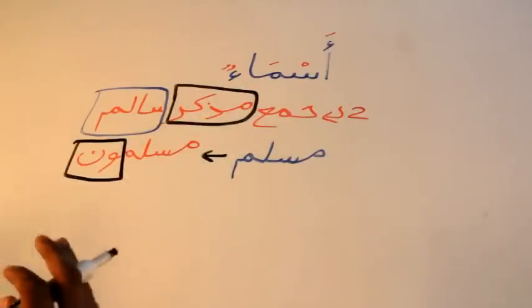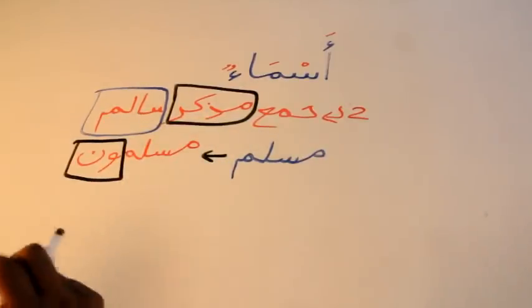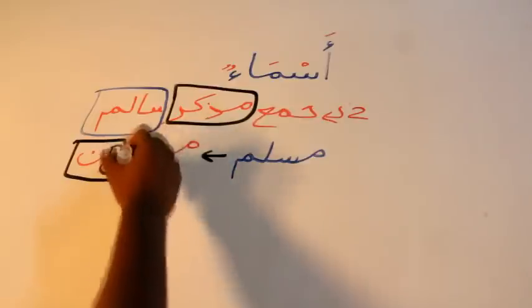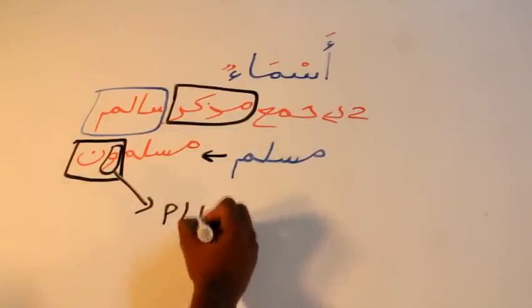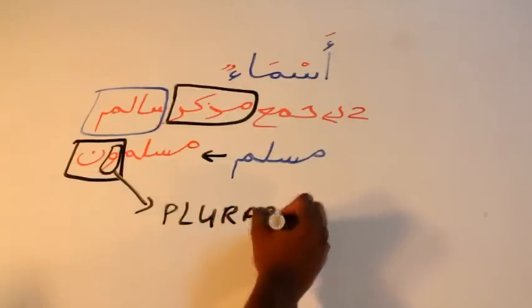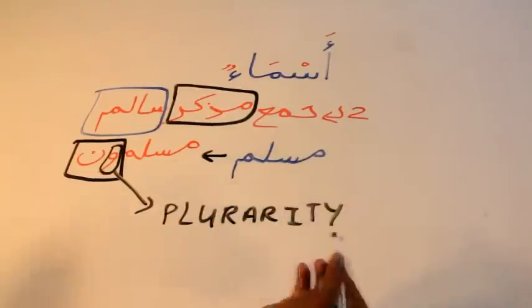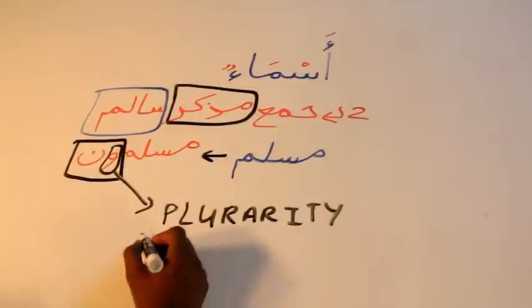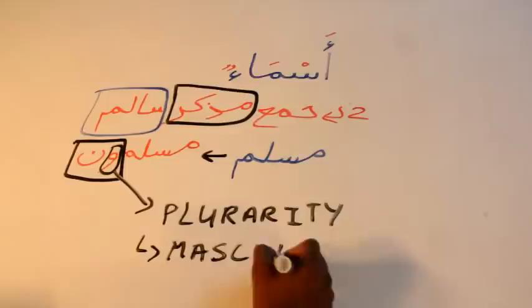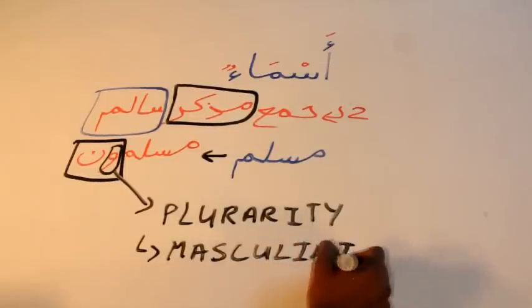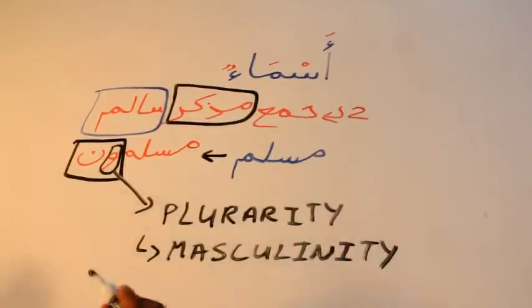The waw specifically is a sign of, first off, plurality, meaning that it's plural. Second, it's also a sign of masculinity. It's called waw al-jama'ah in Arabic.